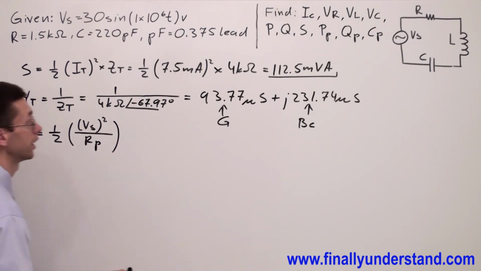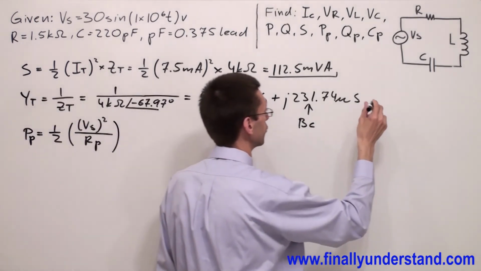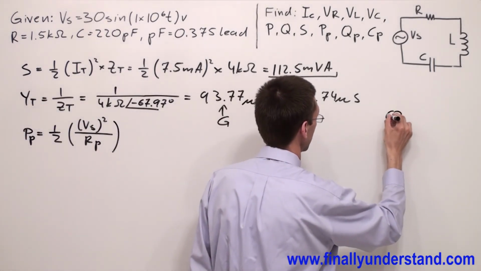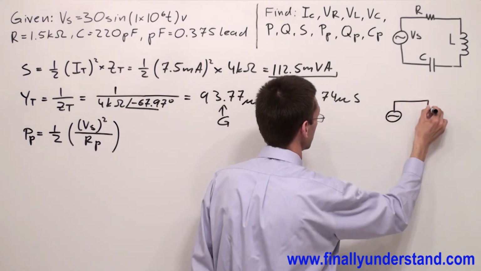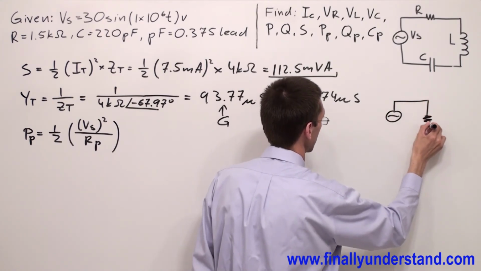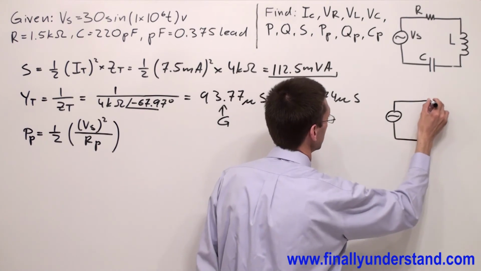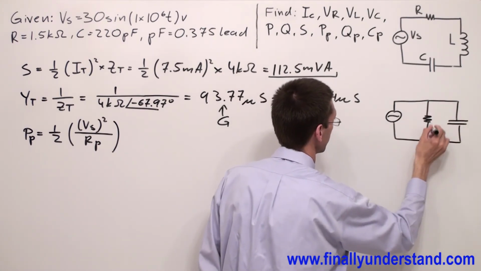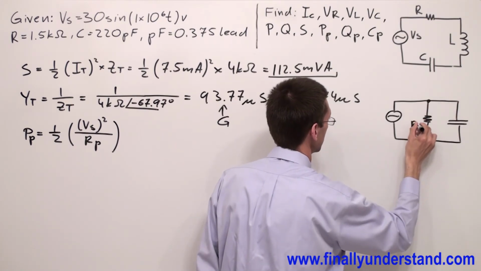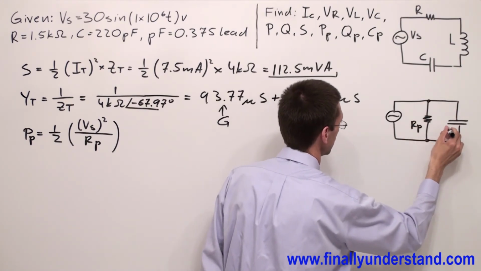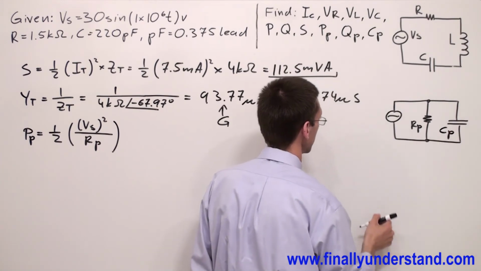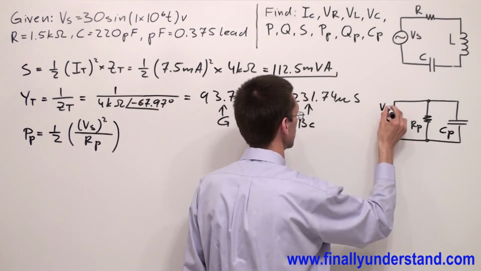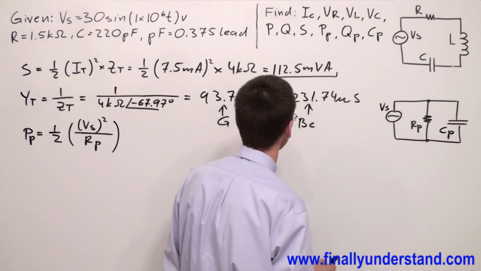Let me just remind you that right now we try to find the values of components in the parallel equivalent circuit. So this is RP and this is CP, and this is my voltage source.